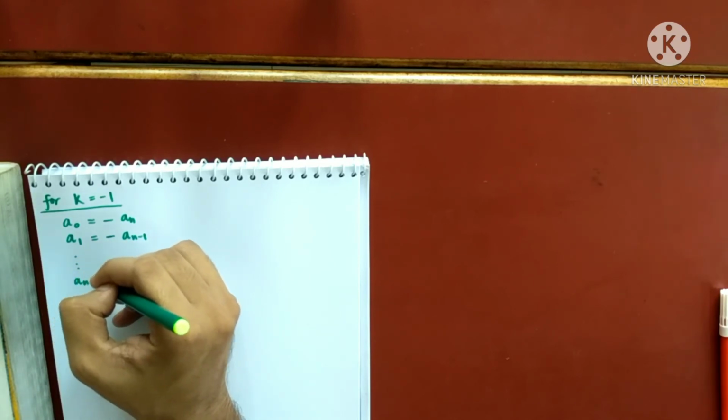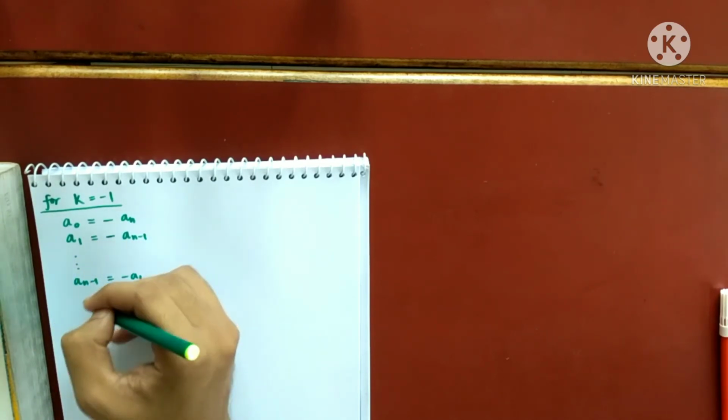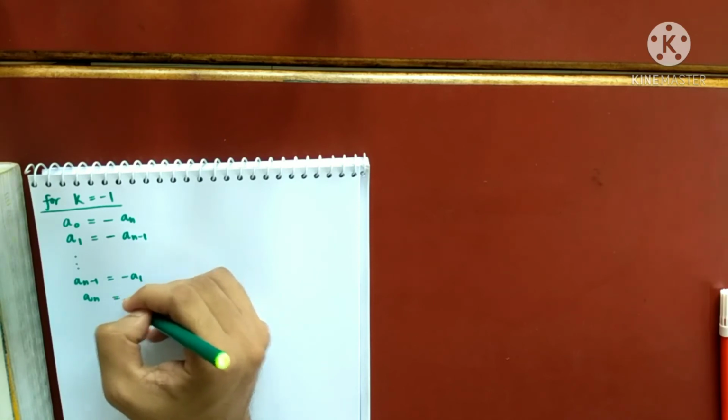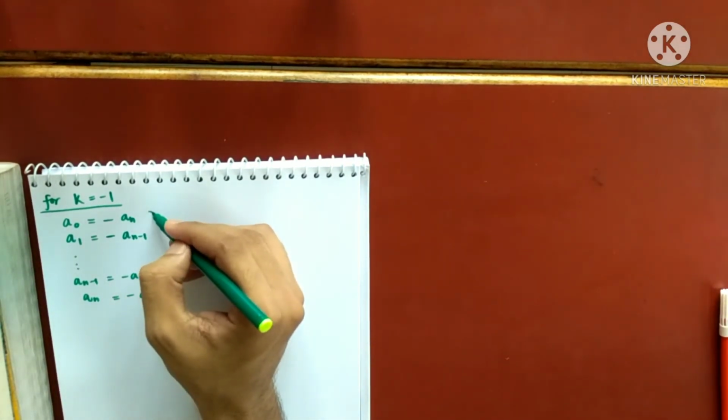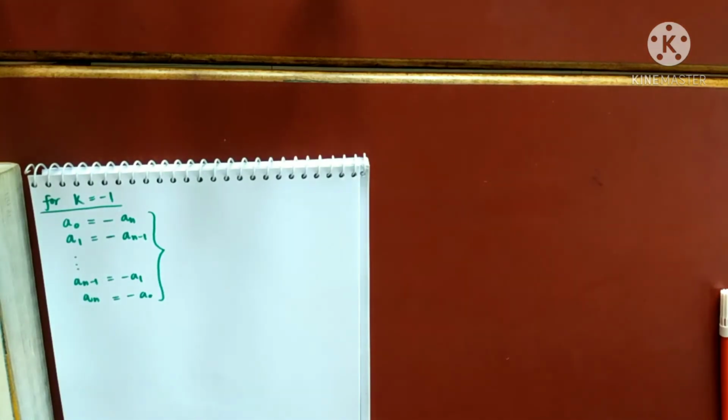So a0 is the same as minus an, and a1 is the same as minus a(n-1). Whenever this happens, the coefficients are equal in magnitude from the beginning and from the end, but opposite in sign. Then that is known as a reciprocal equation of the first kind.